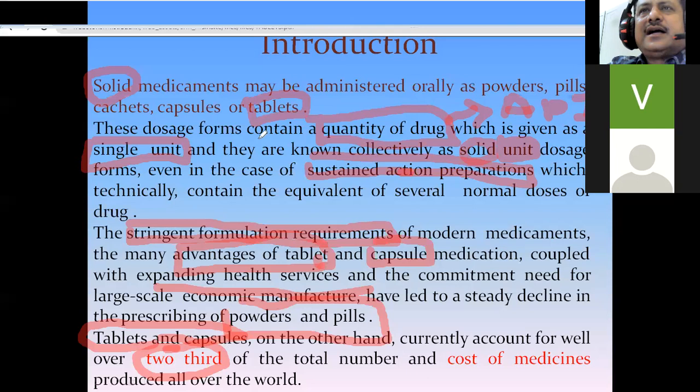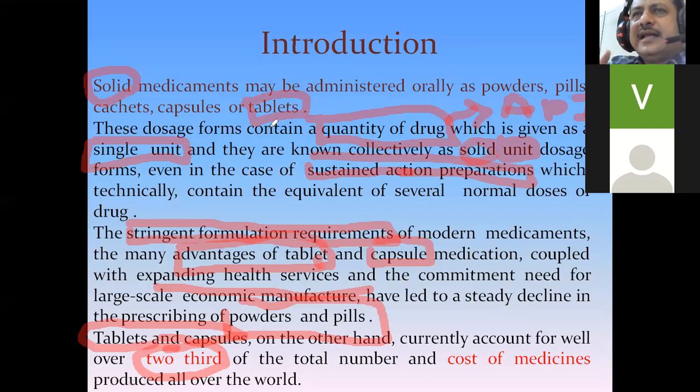From this, we can have a clear-cut idea that firstly, as a solid dosage form, it has widespread acceptance. Secondly, as it is given by oral route, it is easily acceptable by the patients. Maybe it has some disadvantages, but it is one of the good dosage forms when you want to go for large scale production.